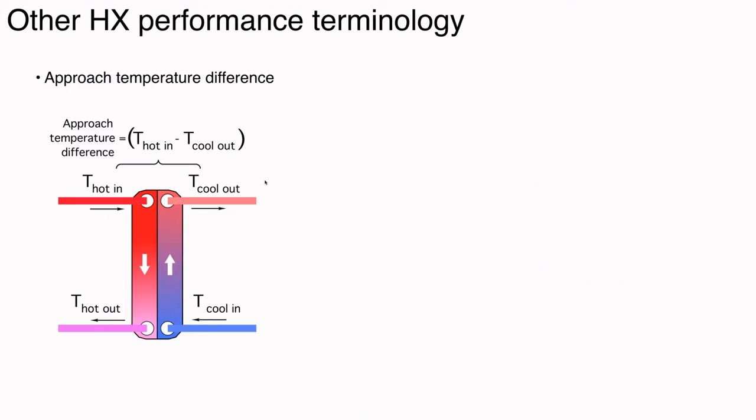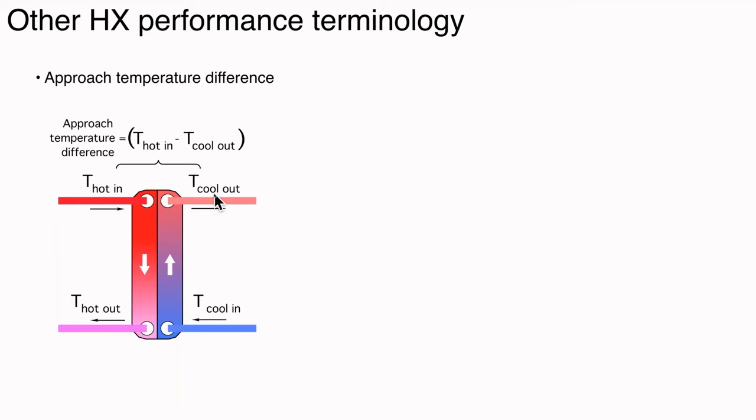Okay, a couple other terms are associated with heat exchangers. One is called the approach temperature difference, and that's basically the hot entering temperature of the fluid that's contributing heat to the heat exchanger, and from that you subtract the outlet temperature of the cooler fluid that's absorbing heat. In a perfect hypothetical heat exchanger, an ideal, unattainable ideal heat exchanger, these would be the same temperature.